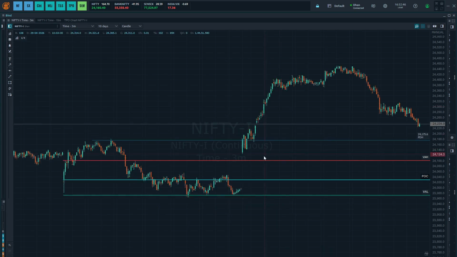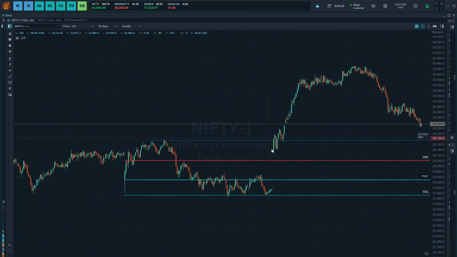So what is the bias here? The market opened above the previous day's value area. This is the complete previous day value area, and the market opened above that. That means the price has been accepted outside of yesterday's value area, so we are trading above it, and we are also almost on the edge of the previous day high.